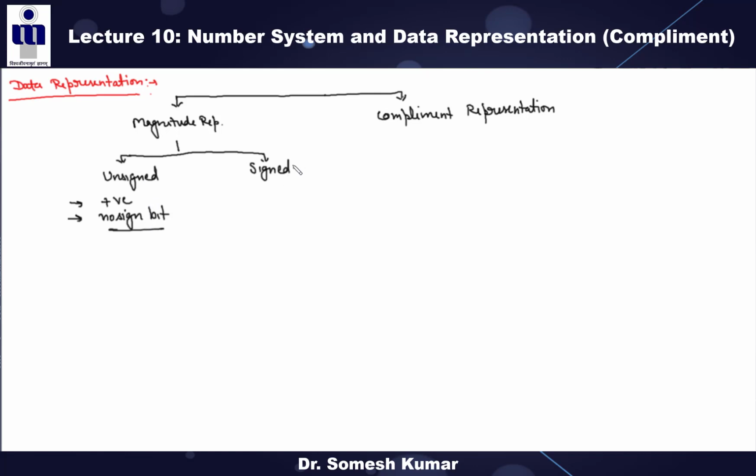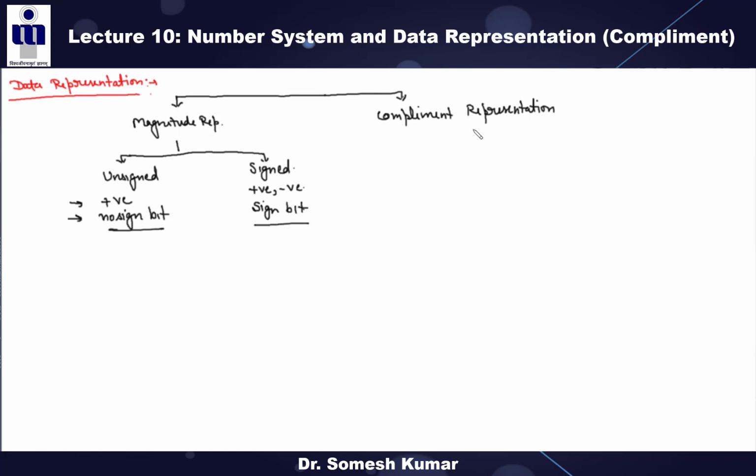Now the signed representation: in the signed representation we can represent positive as well as negative numbers. But in this representation, we have to add one extra bit in the MSB. That extra bit will tell you whether it is a positive or negative number. So we have to add the sign bit.